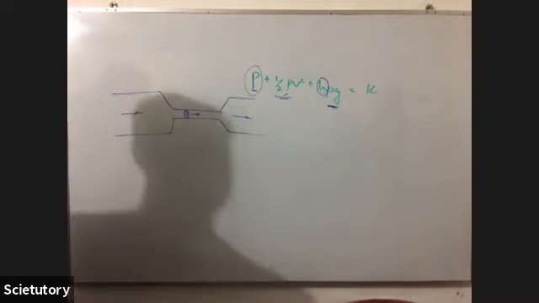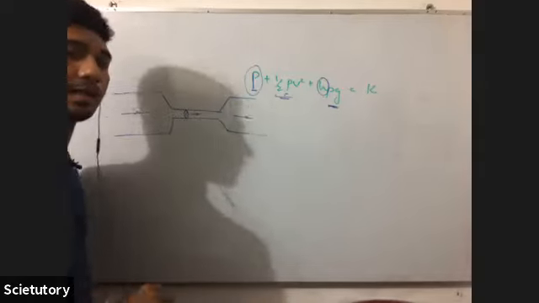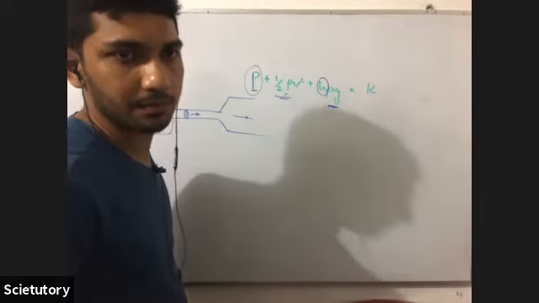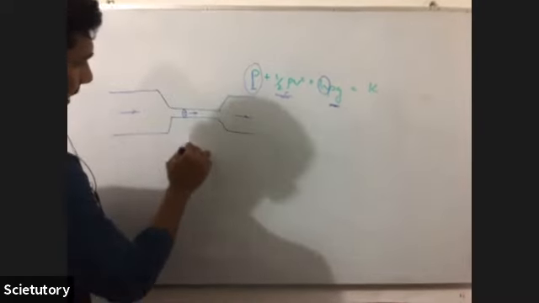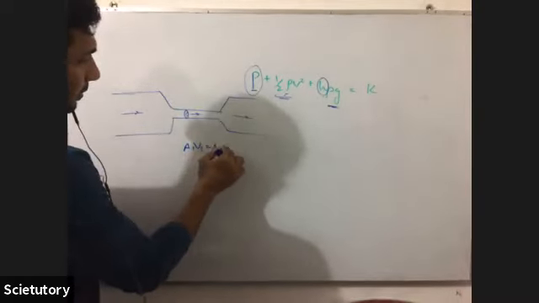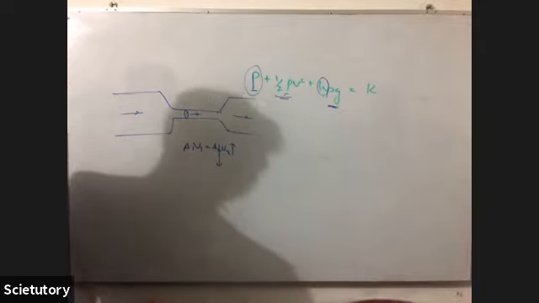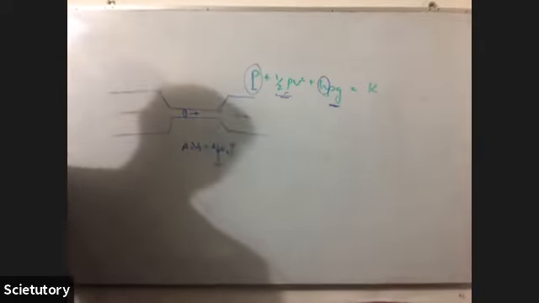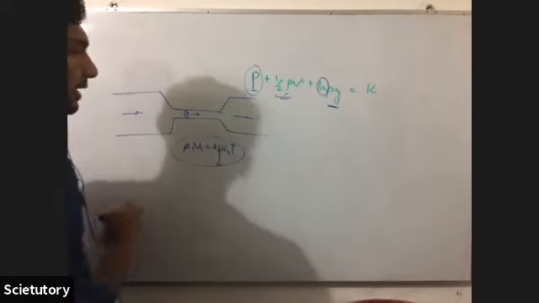Due to the reduction in the surface area, according to what equation? Continuity equation. A1 V1 is equal to A2 V2. Due to the reduction in A, the V should increase in a steady flow, so that the velocity here increases.